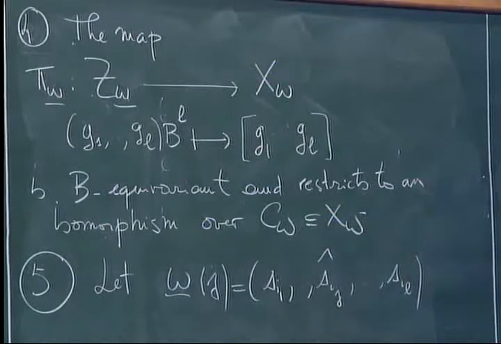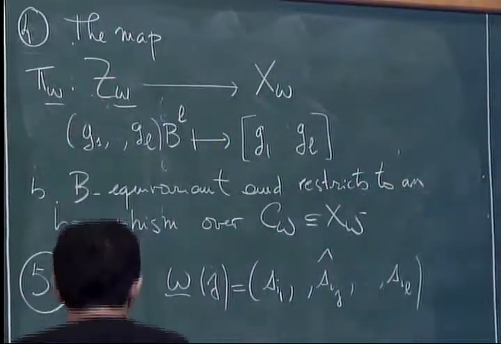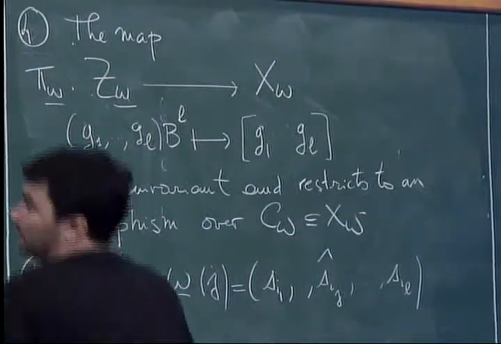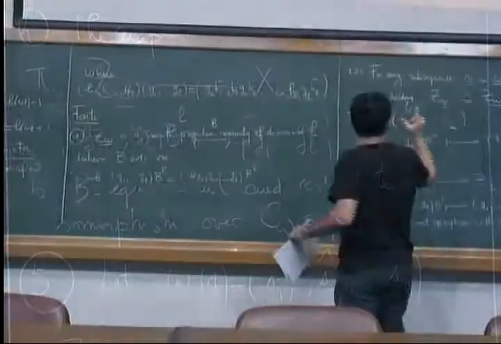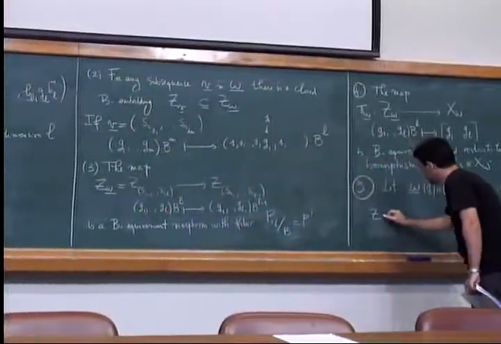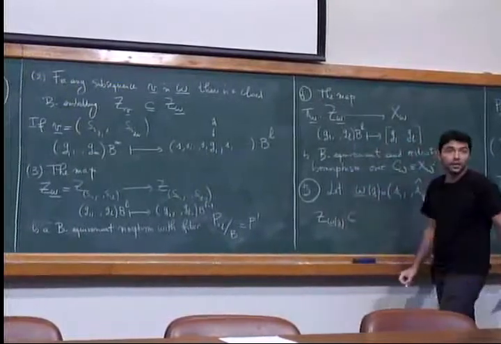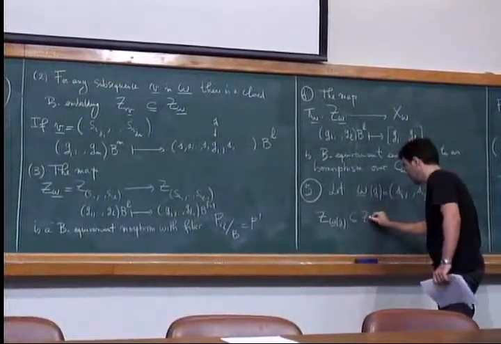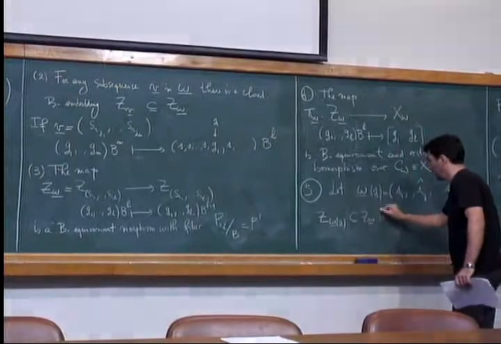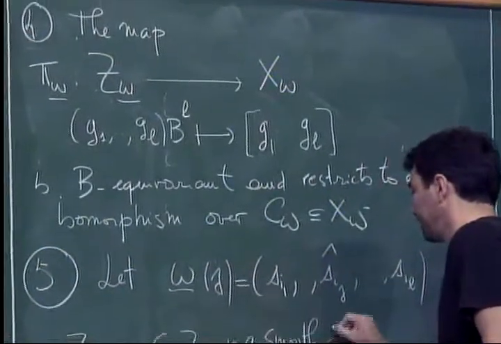So the length is one less. So you get, thanks to point 2 and point 1, the Z omega J may be viewed as a subvariety of Z omega, a smooth divisor.